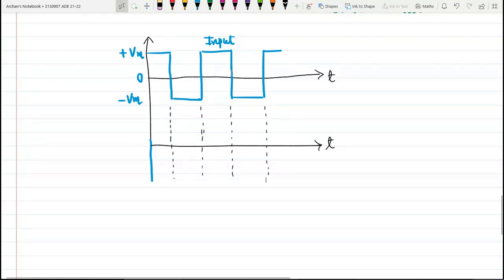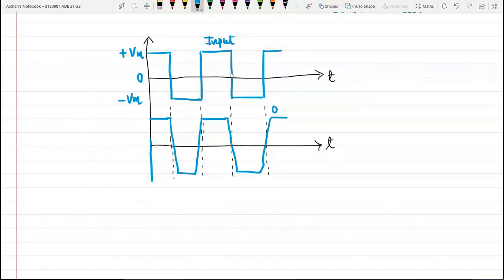Okay, because of the slew rate, what happens to the output voltage is this. See, now my output voltage will be like this. Okay, you can see the output voltage is exactly not a square but some trapezoidal kind of shape we are getting.